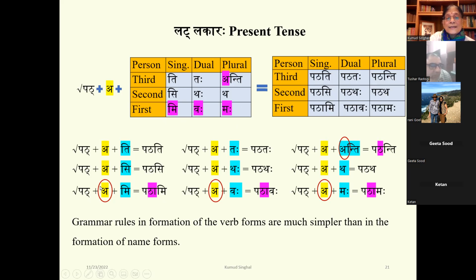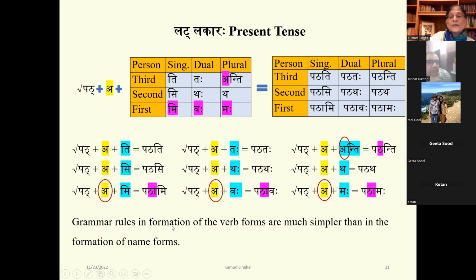The rule says that this becomes dirgha. So in the Uttama Purusha, the first person, these are all elongated. So it will be pathami, pathavah, pathamah. Pathami means I read. Pathavah, we two read. Pathamah, we all read.